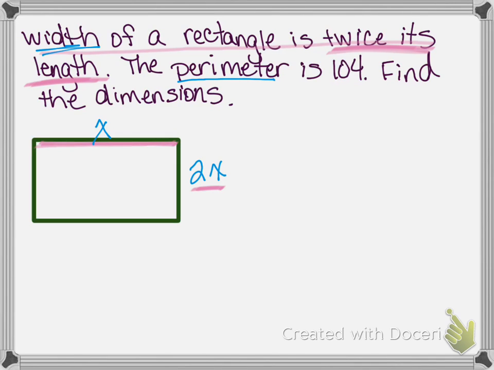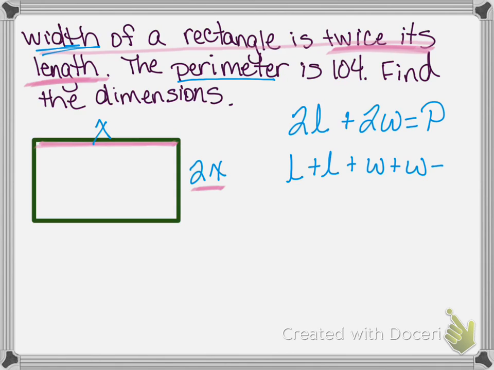Now we have 2 times L plus 2 times W equals our perimeter. Some people prefer to think of that as my length plus my width plus my width is my perimeter.